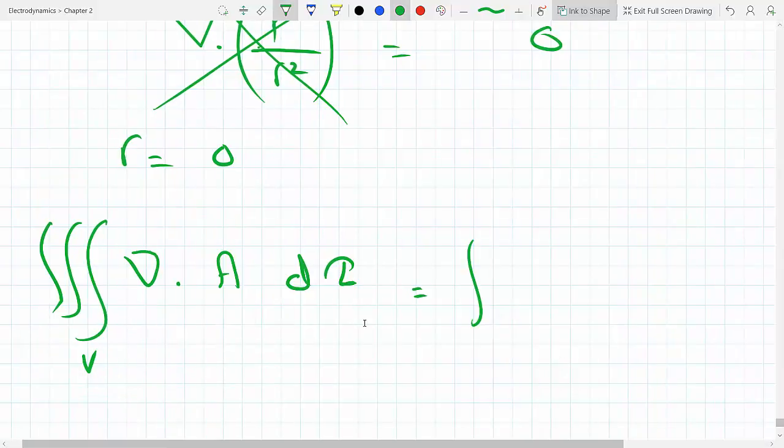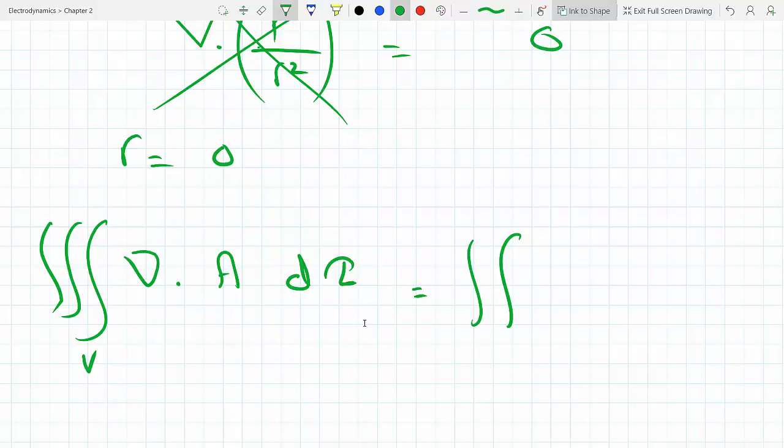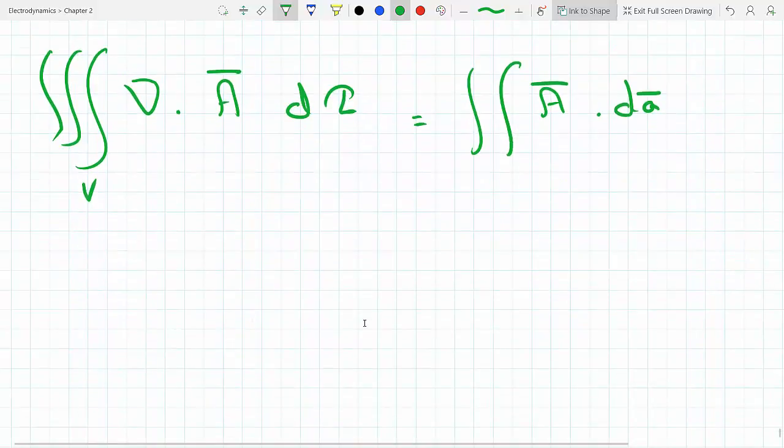So it's a double integral of A, A being a vector, dotted with dA. And I just showed you that.